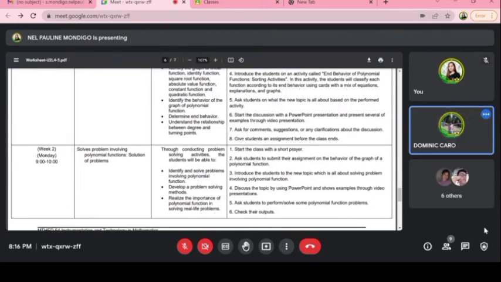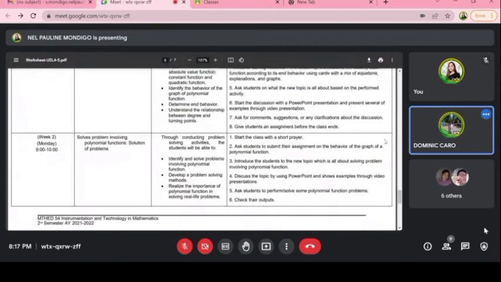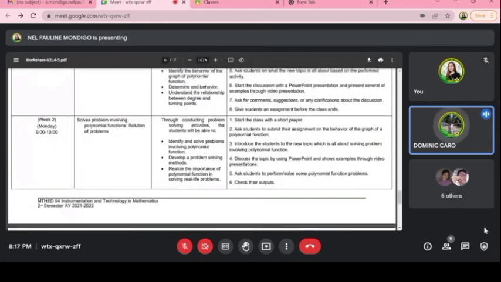Next is day and time, week 2, Monday. Solving problems involving polynomial function, solution of problems. That is the learning competency.